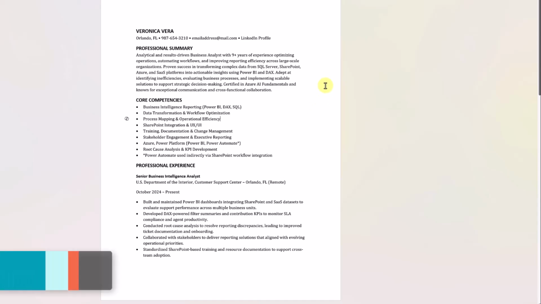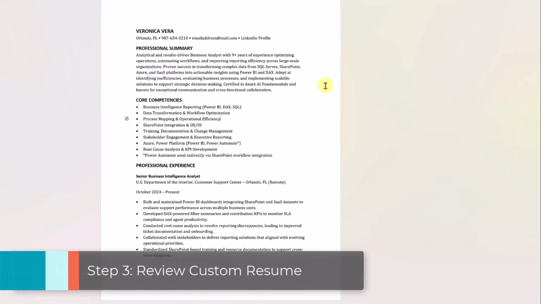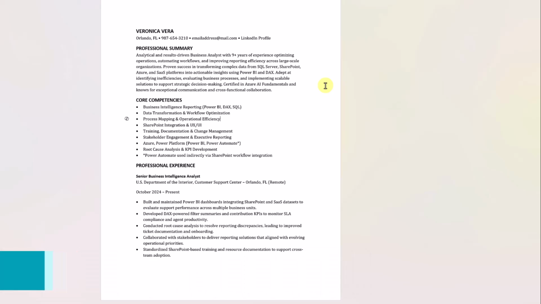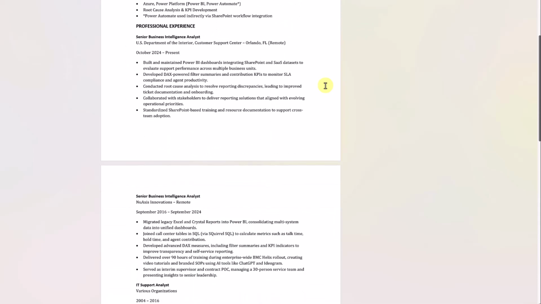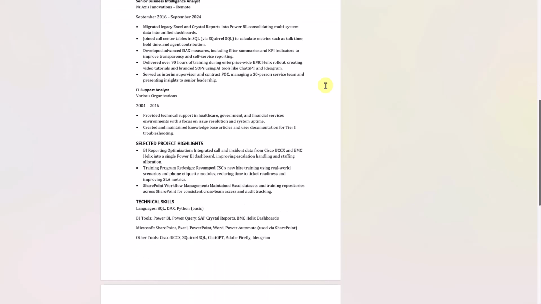So this is the resume that was placed into a Word doc. Here I recommend you go through the document and make sure the formatting and the details are as you expect. But this is a great way to efficiently customize your resume to every job posting.